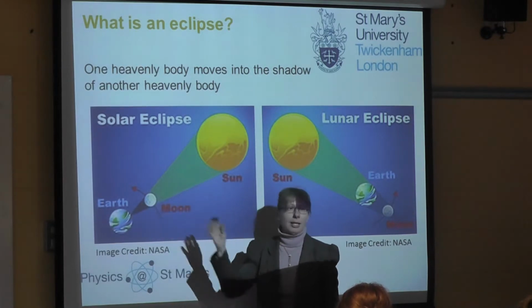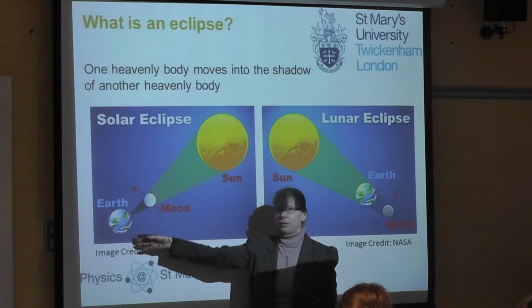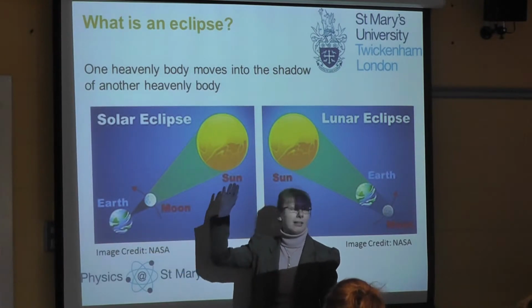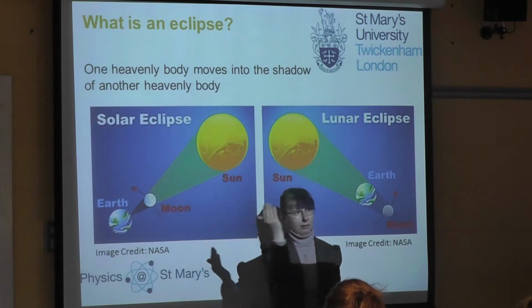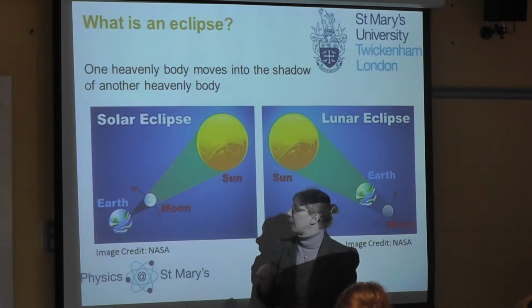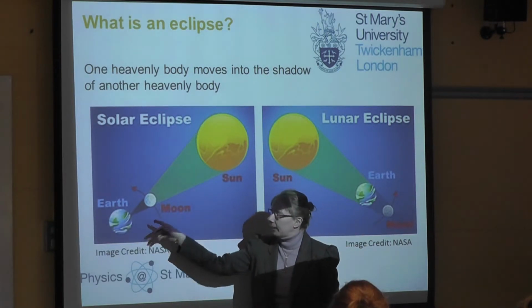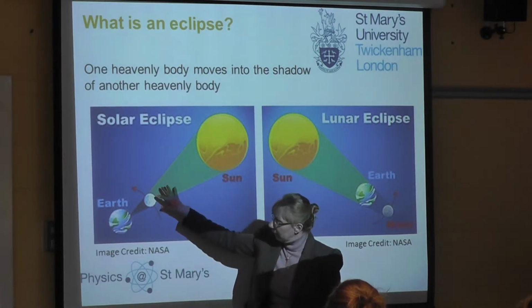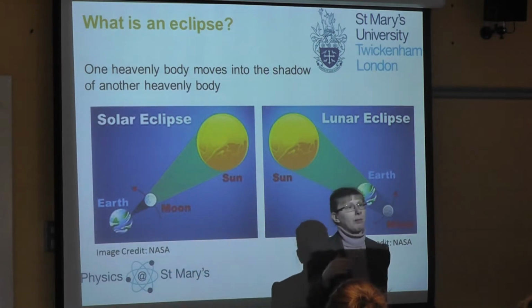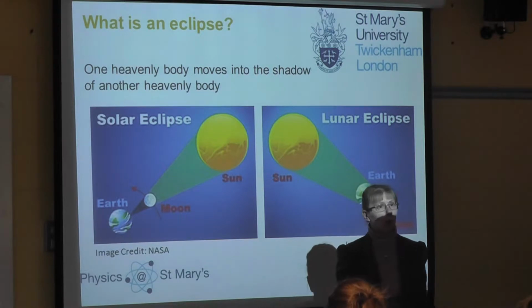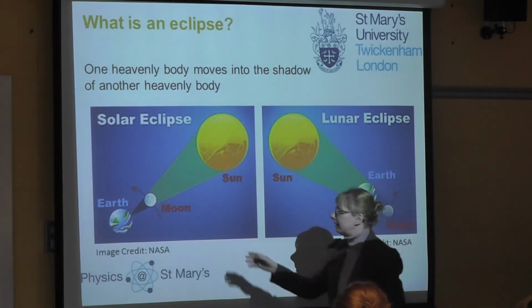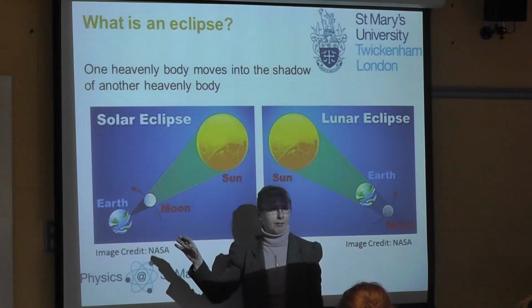So there was a perfect alignment between Earth, ourselves, the moon, and the sun. And that's what basically happened. Now, as you can see here, the moon is projecting a shadow on Earth, and this is the shadow in which we were.